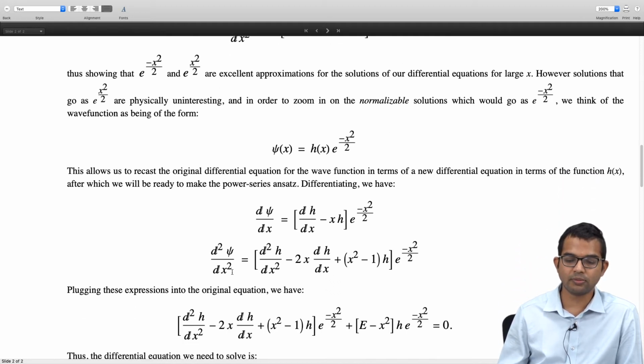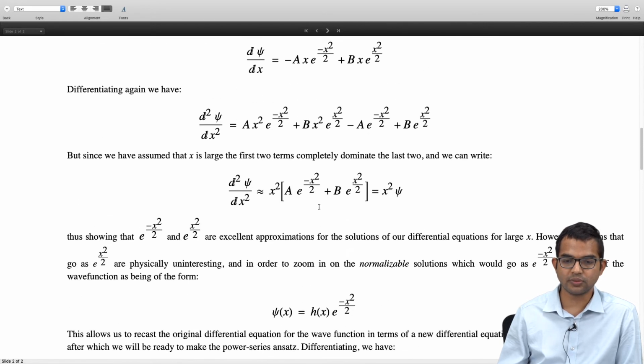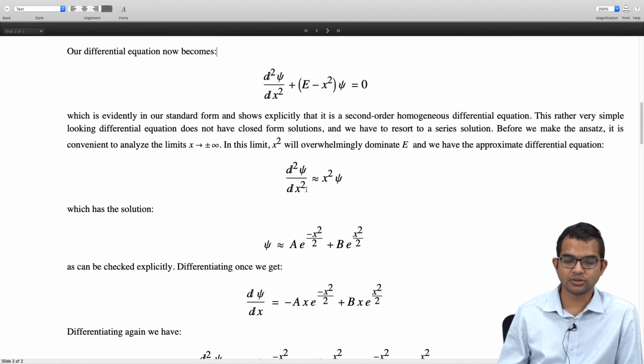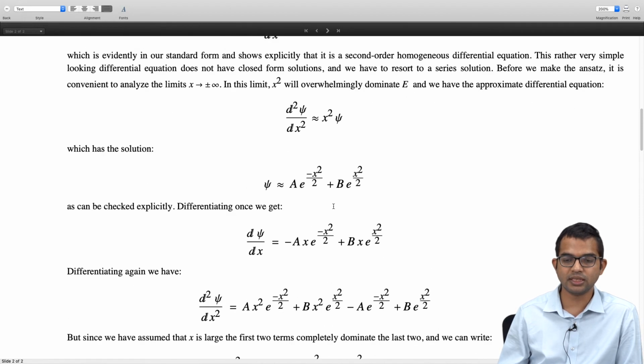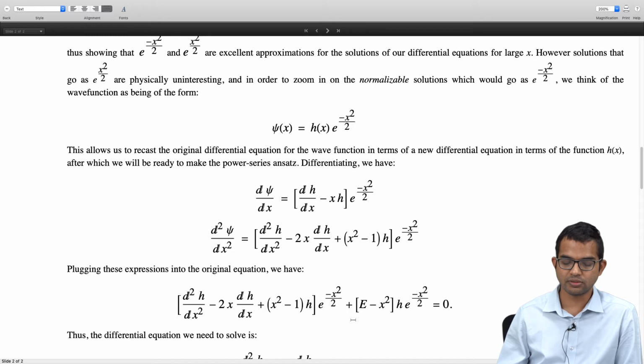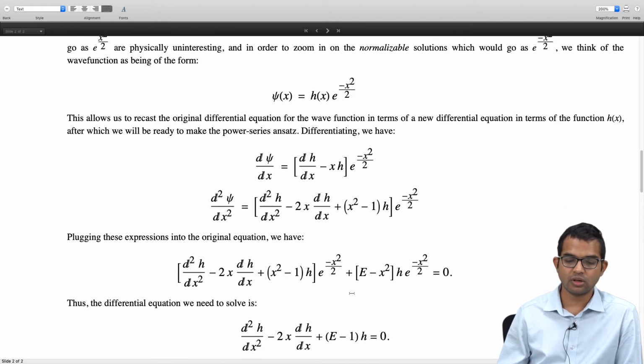Then you go ahead and plug these quantities back into the original differential equation, which is this one: d squared ψ by dx squared plus (e minus x squared) times ψ. So then we see that you still have these factors sticking around, which you can cancel, because this needs to hold for all values of x.